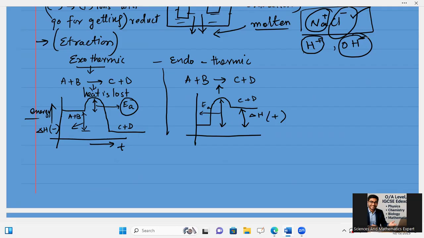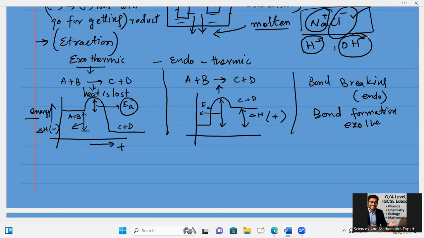We will also have to go for bond enthalpy, like bond breaking and bond formation. Remember that bond breaking is always endothermic, and when bond formation is going on, it is exothermic. A small question will surely come from this section to calculate the enthalpy changes. Always write the balanced chemical equation if none is present.